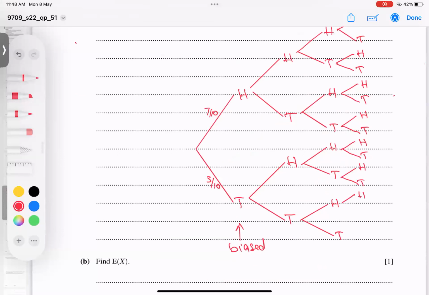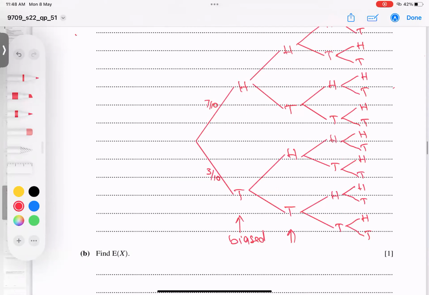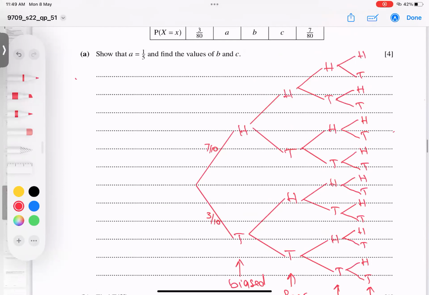Though it is taking time, it depends on the diagram, which carries 5 marks, and the others are fair. A fair coin has a half chance. Throughout every branch, half is there, so I'm not wasting my time writing it.